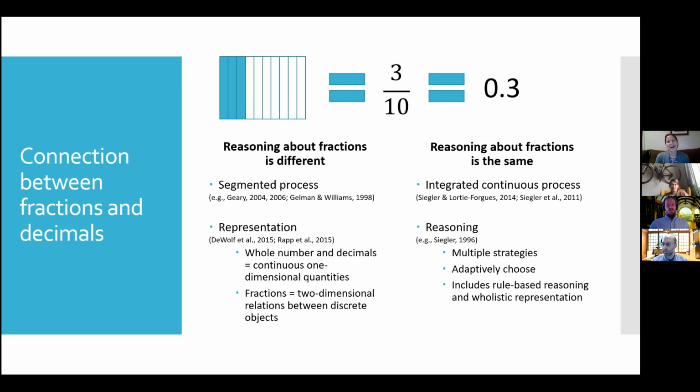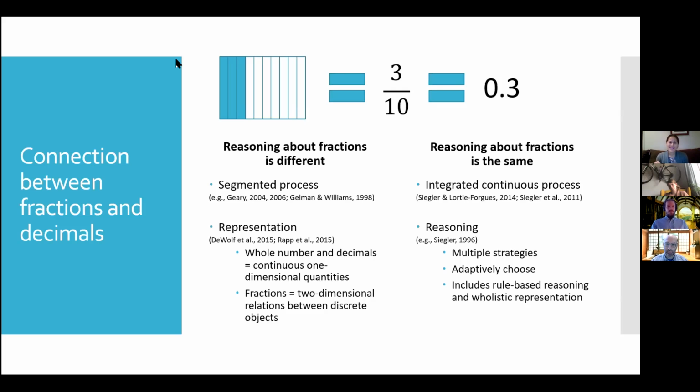More recently, work is showing that reasoning about fractions is actually the same as reasoning about any other kind of magnitude, that it's part of one integrated continuous process where children are gradually expanding their mental number line to include larger numbers and eventually rational numbers.